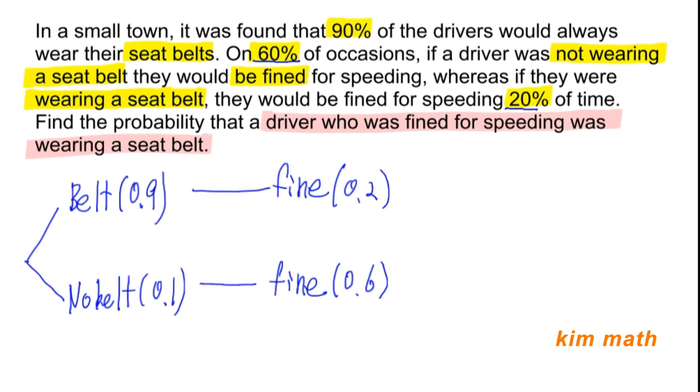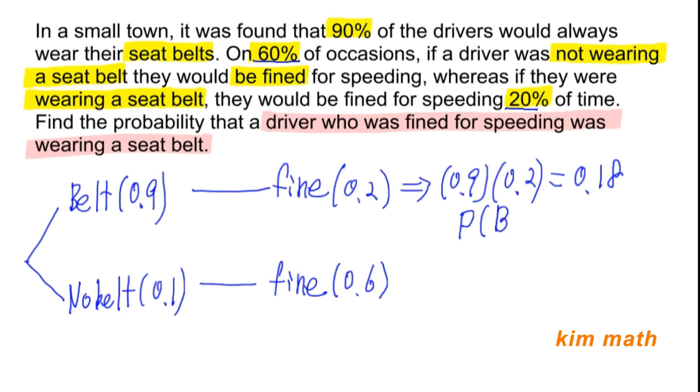Okay. So from this tree chart, the product of these two probabilities is 0.9 times 0.2, which is 0.18, right? What is the meaning of that one? This is the probability of belt and fine.